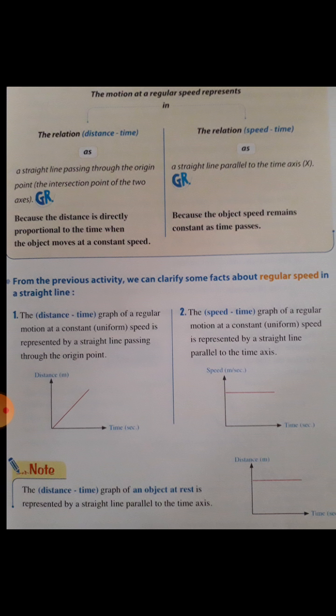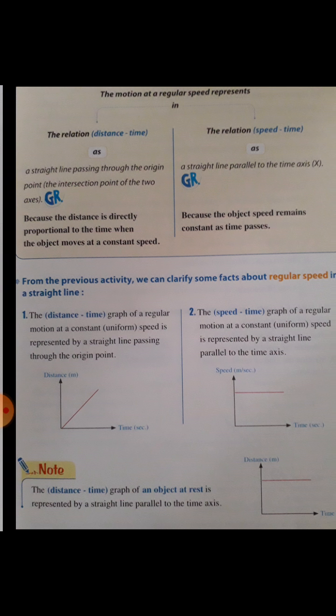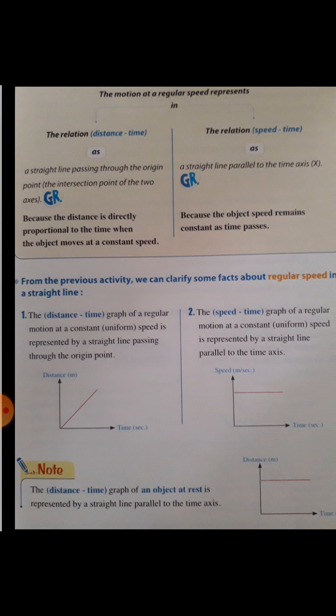Look, the first graph is between distance and time. So it will be like this, a straight line passing through the origin point. Why? Give reason. Of course, because there is a direct relationship between distance and time, so the graph must be like this.